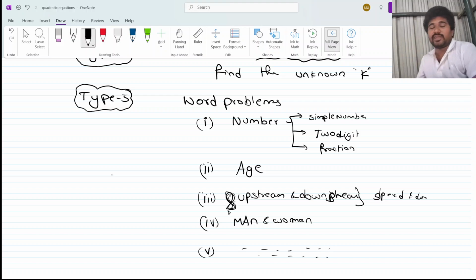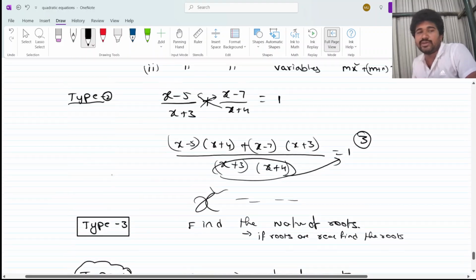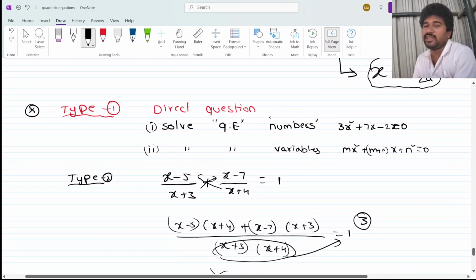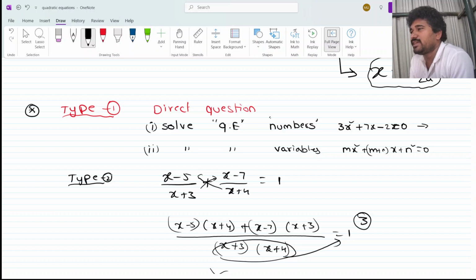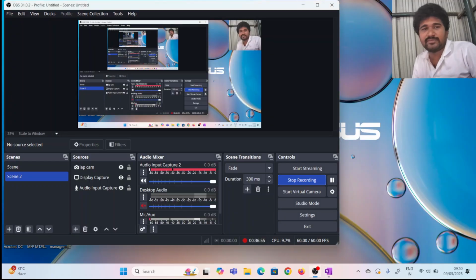So now our target is, in one category, how many questions will we do? 5 is very big, it will take so many days. 3 questions we will do in each type. Understand? In each type we will do 3 questions. Is that clear for everybody? Any confusion?